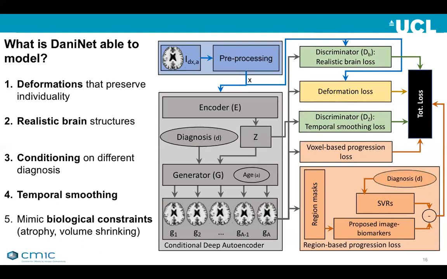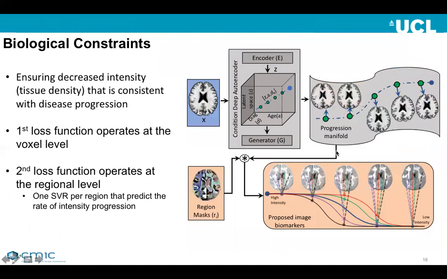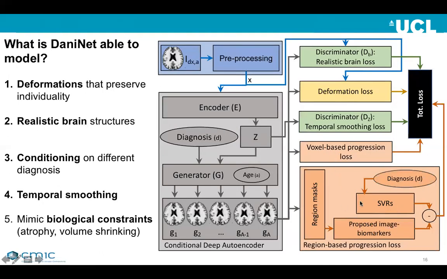That means along the simulation, there are no jumps between the consecutive images that we create. And the last component, which is the most important, models the biological constraint. So what are these biological constraints? They try to model atrophy and volume shrinking in the brain, and these are the ones colored in orange in the slide.